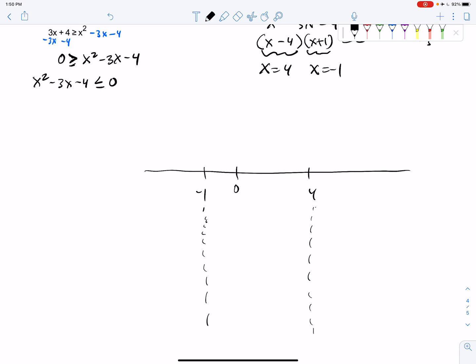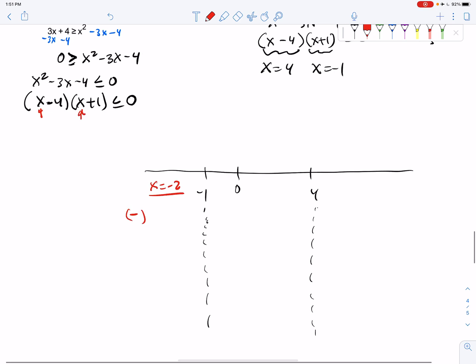Now we also know that this did factor down to x minus 4 times the quantity x plus 1 is less than or equal to 0. Got negative 1, well, to the left of that would be x equals negative 2, so let's try that. And if I put a negative 2 in here, I get a negative. If I put a negative 2 in here, I get a negative. And a negative times a negative is a positive, and is a positive less than or equal to 0?